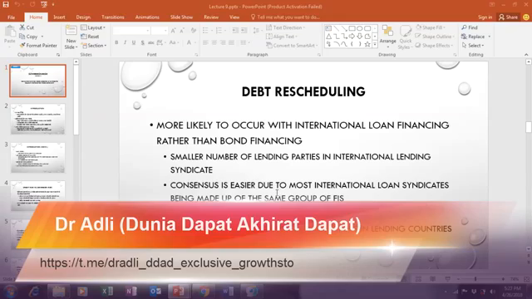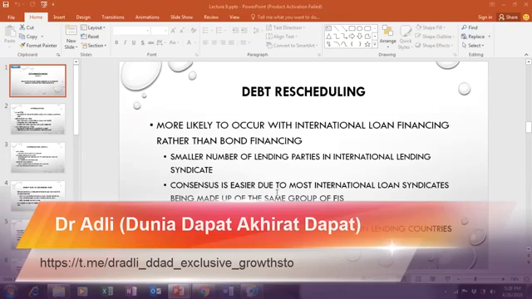For restructuring, then you change the contract. The analogy yesterday is just like marriage. One is that you break with that one, and you have another one. The other one is you maintain the existing one, but you have another new contract. Easy to remember.